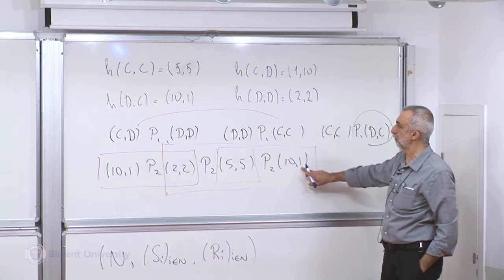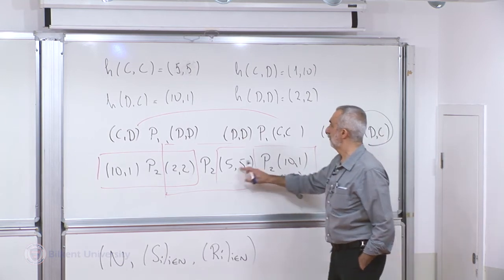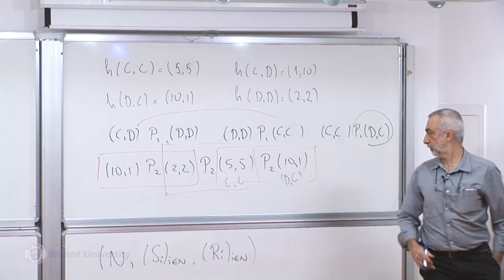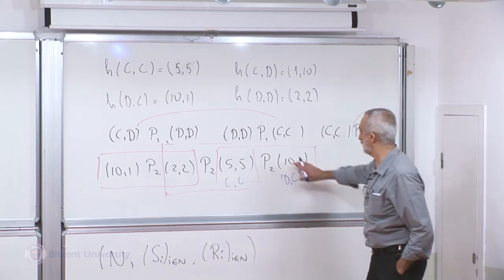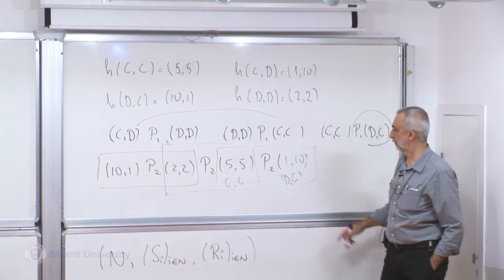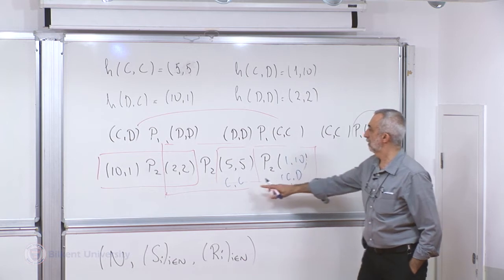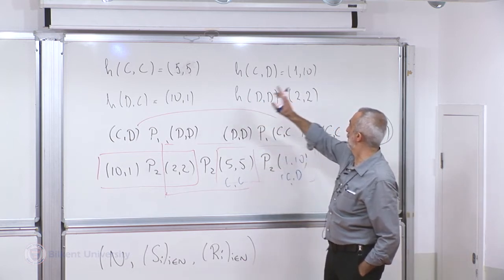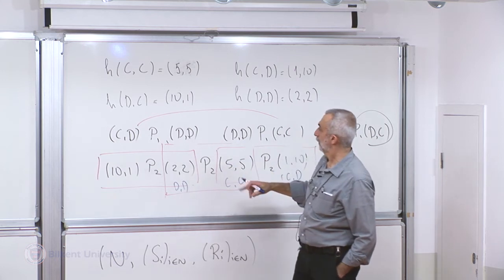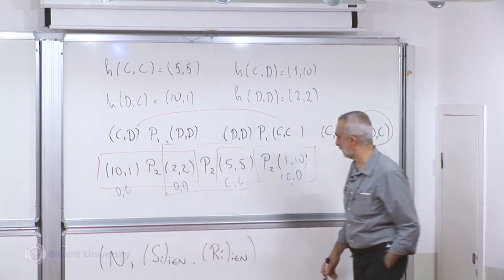So 10-1 was induced by DC. 5-5 was induced by CC. Sorry, thank you, 1-10. So that's CD, CC, DD, and then 10-1, DC. I got it right this time, right?